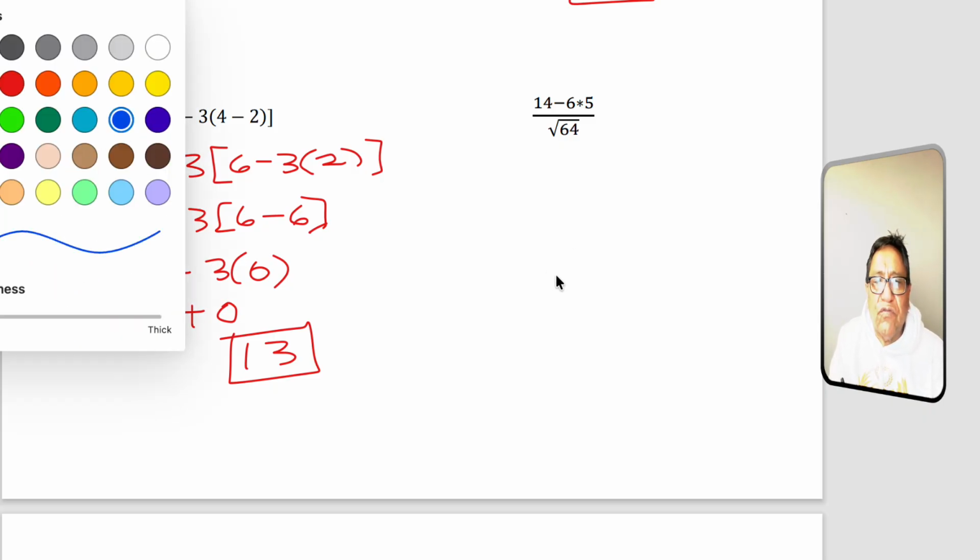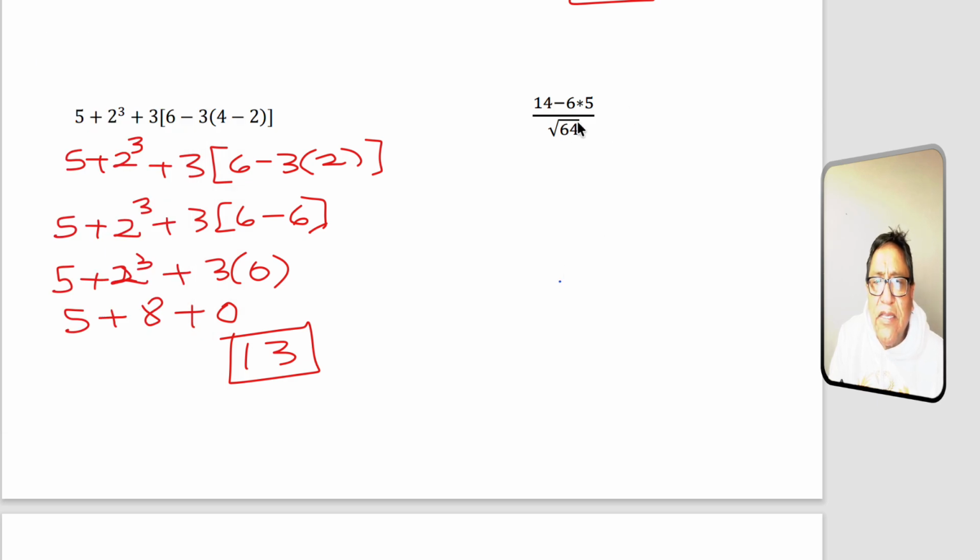Now let's do the other one. In here, the fraction bar works like a group. It means this is one group and this is a different group. So we need to solve each group first. So we have 14 minus 6 times 5, which will be 30, correct?